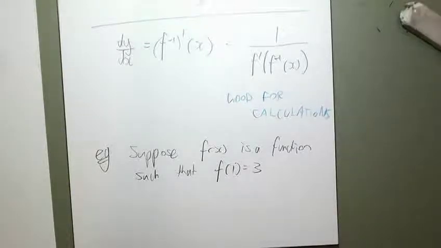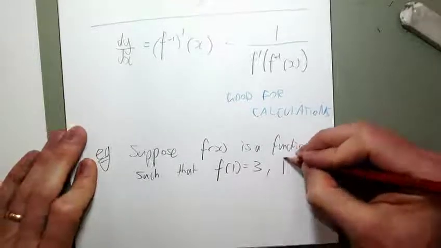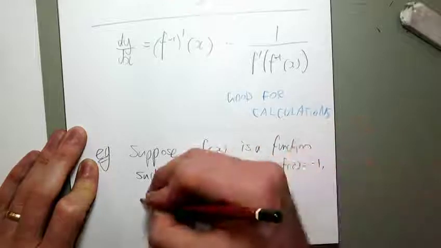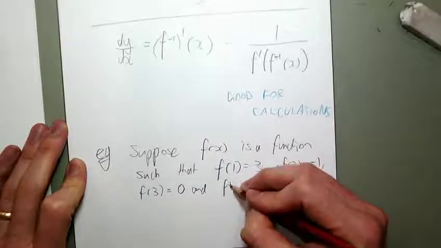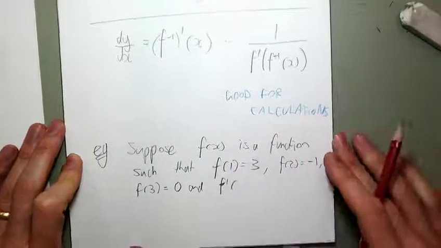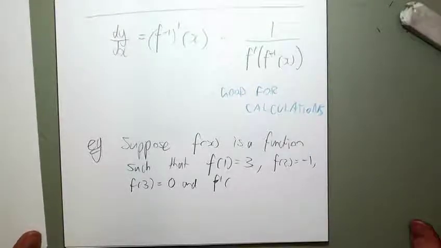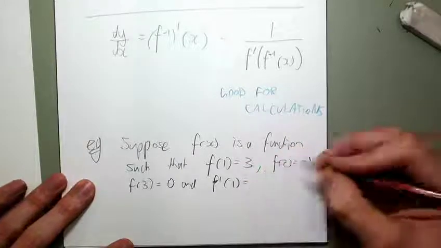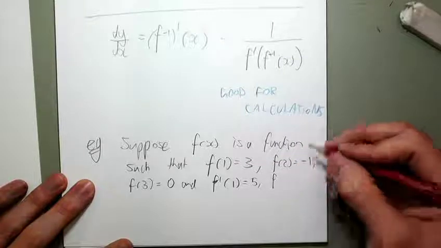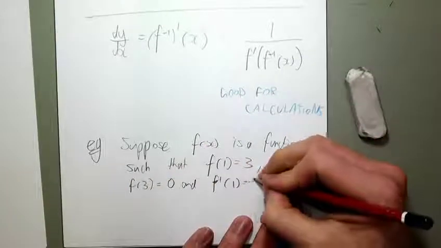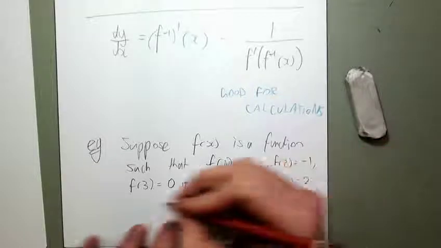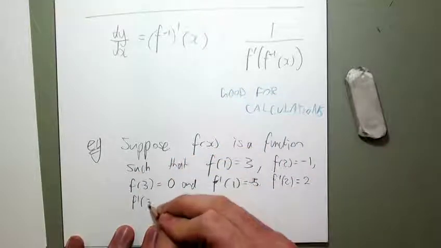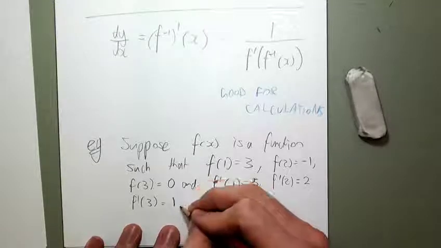Suppose f of x is a function such that f of 1 is 3, and f of 2 is minus 1, and f of 3 is 0, and f dashed of 1 equals, sorry, minus 5, f dashed of 2 equals 2, and f dashed of 3 equals 1.